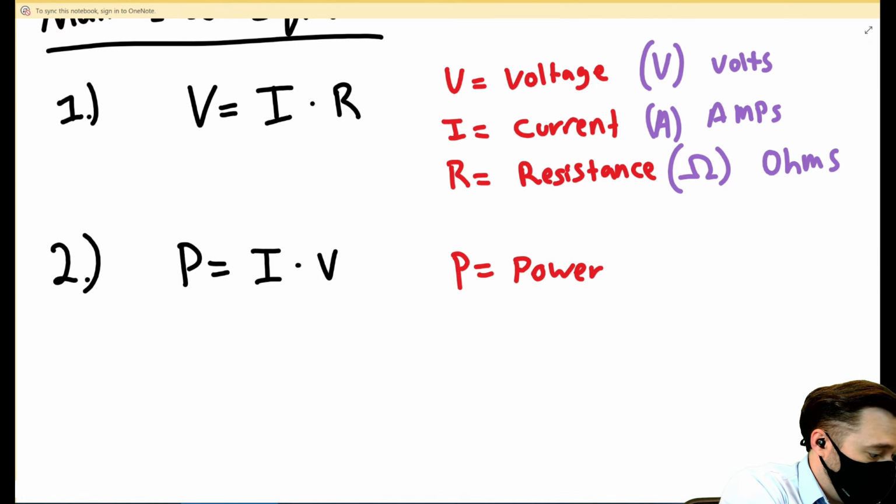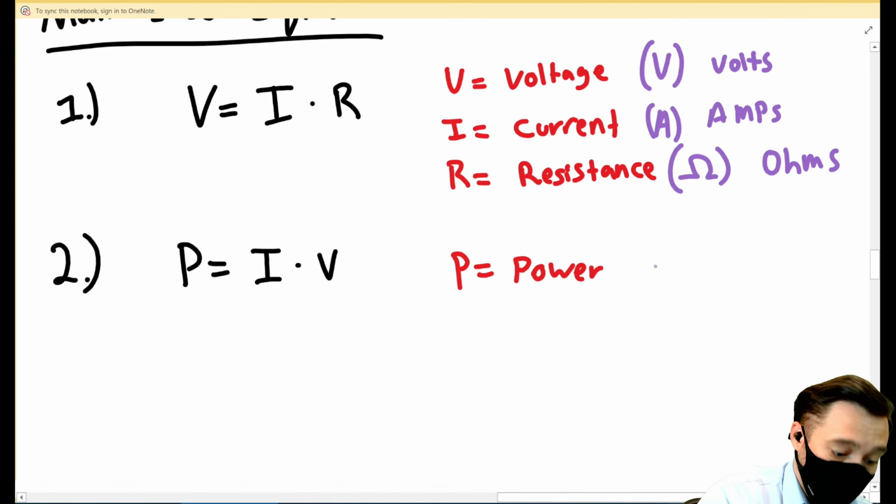The units for power will be watts, so that's a capital W. That's 2 T's.